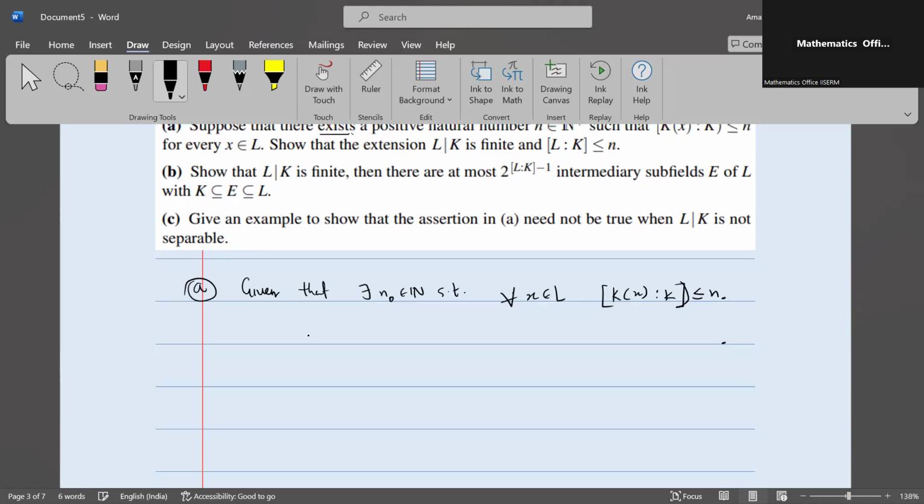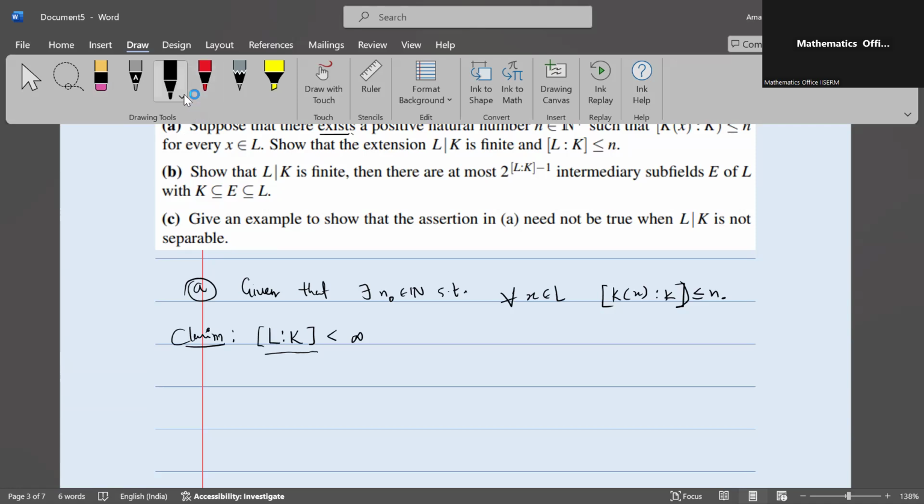Now what we want to show is that L over k is finite. The first claim is that L over k is finite, that is, as a vector space, L is finite dimensional. That this degree is finite.